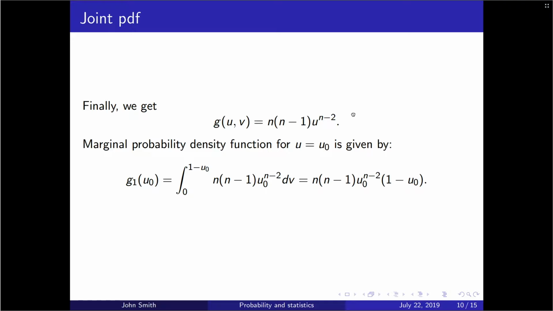The whole point of the change of variables was to have the information about the difference in one variable, which we did using the new variable u, and then to calculate the marginal probability of that one variable, which will yield the final result. We need to calculate the marginal probability density function for the variable u, so we integrate over all possible values of v for a given u.